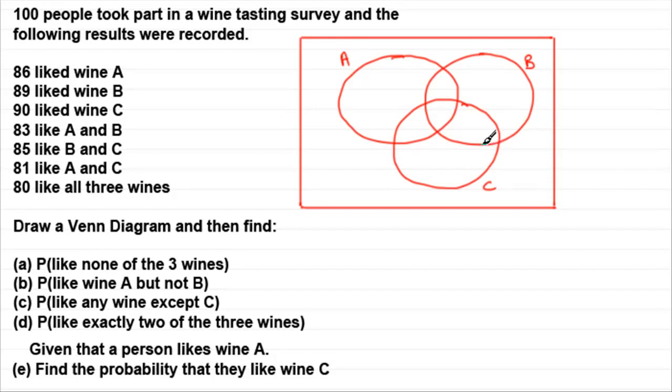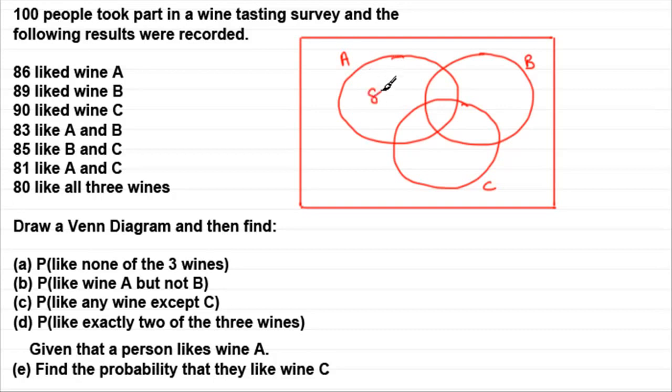Now, we're told that 86 liked wine A. Okay, now that means that in this set round here, this is the people who liked wine A. Okay, it's not this bit just in here.